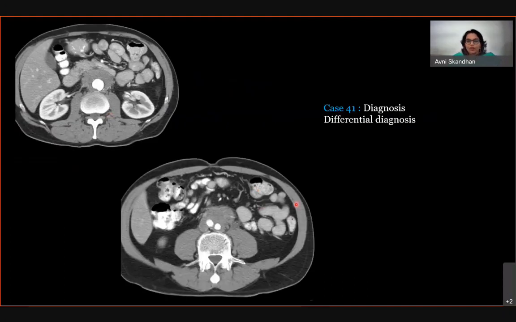Okay. Now, what is the diagnosis here? Okay. Very good. And what will be your differential? It's a retroperitoneal fibrosis. Very good. What will be your top differential for this? Lymphoma. And how are you going to differentiate it from lymphoma?